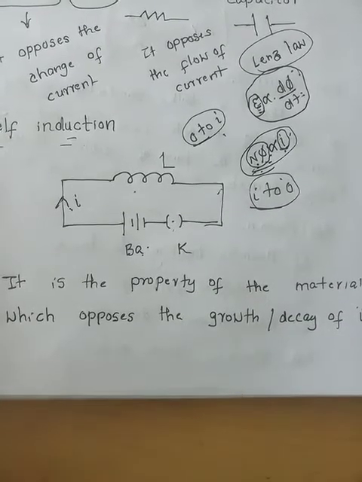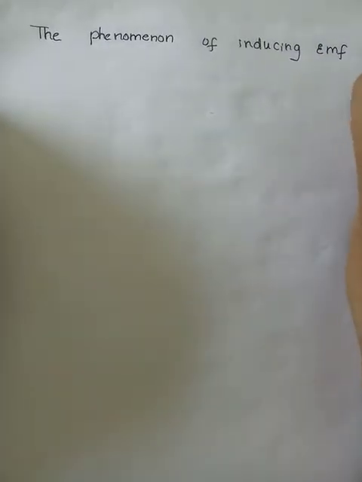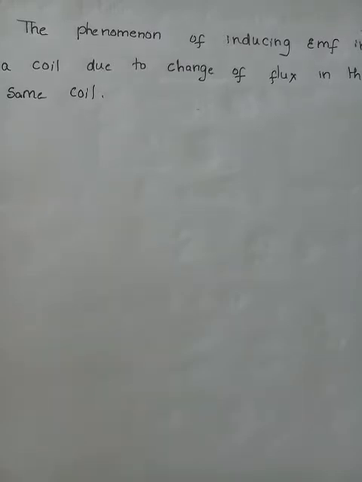So we can redefine it: the phenomenon of inducing EMF in a coil due to change of flux in the same coil is called self-induction. This is also an important property, right?